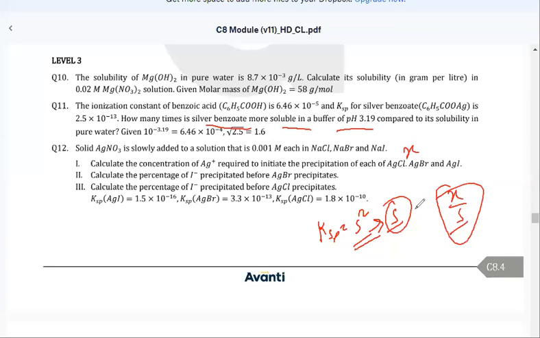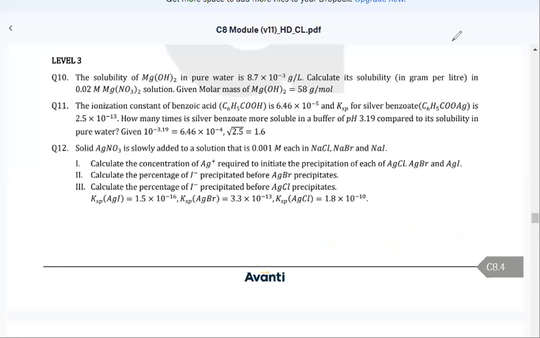Okay. Now question number 12. I guess everyone can solve it. Find Q. We have solved a problem like this, an example.